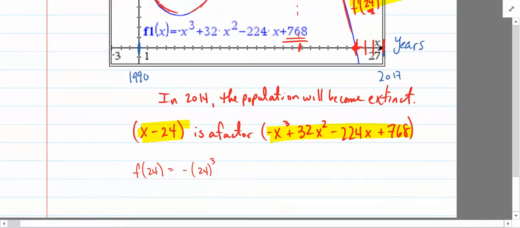So negative 24 cubed plus 32, not x this time, we want 24. 32 times 24 squared minus 224 times 24 plus 768. And again, I'll allow you to enter these values into your calculator, and the end result you should receive is 0 because 24 was a 0 of this graph.